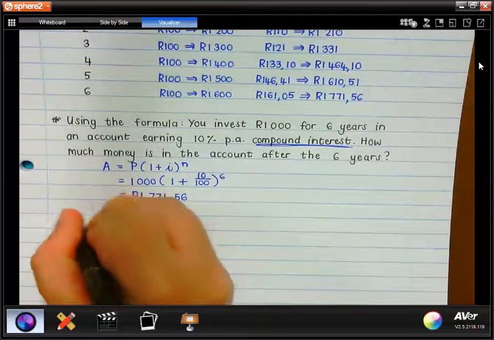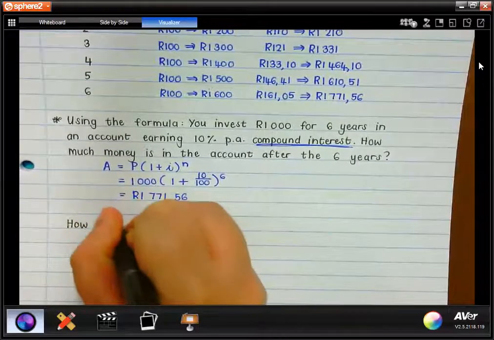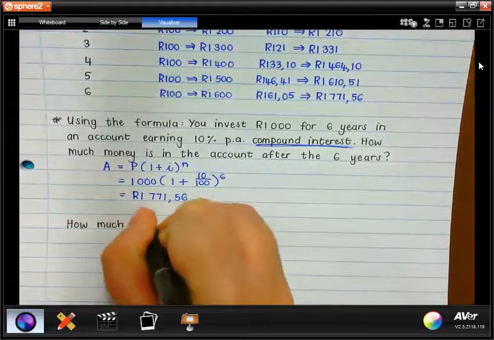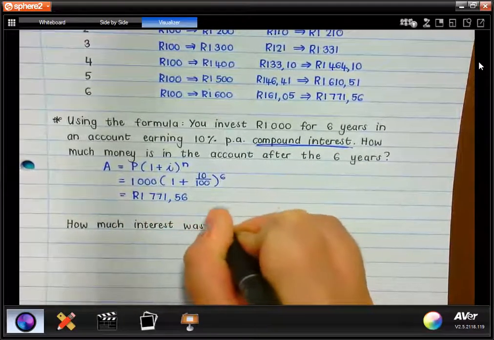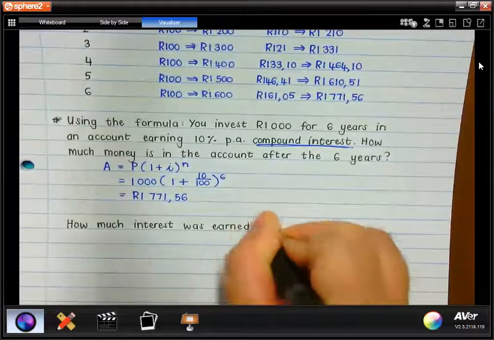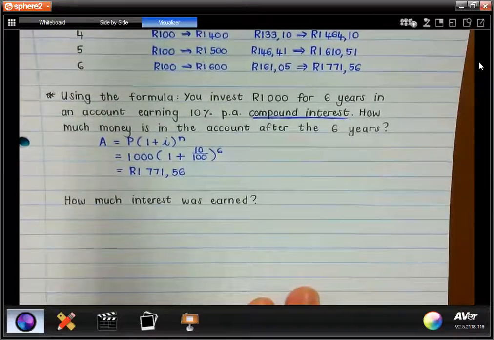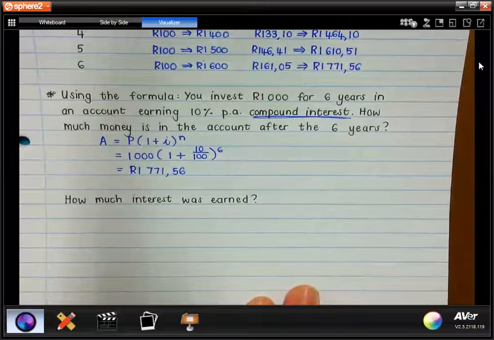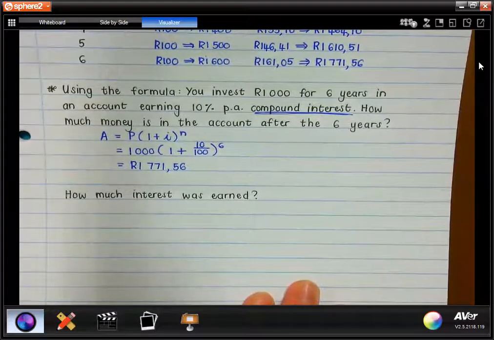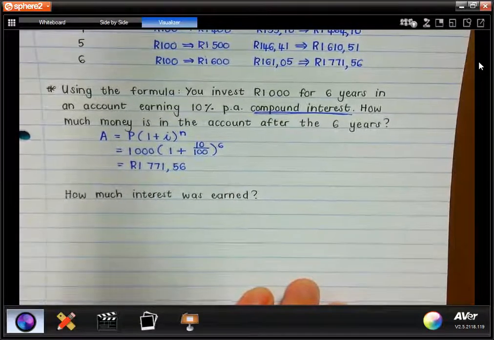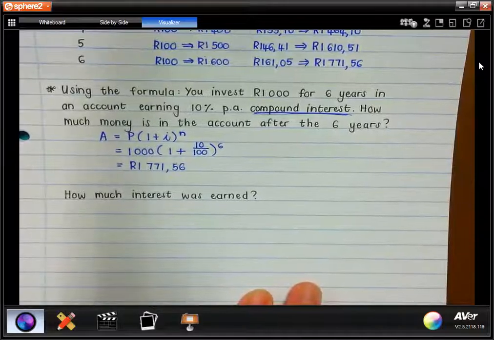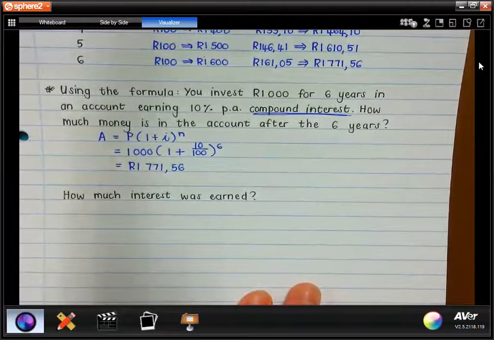Follow-up question. How much interest was earned? Now guys, if I invested 1,000 rand, but I'm getting 1,771 rand and 56 cents, there's obviously a difference there. And we know that that difference is because of the interest.